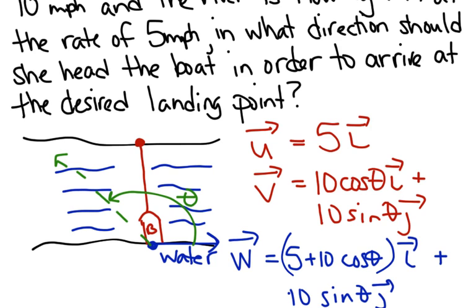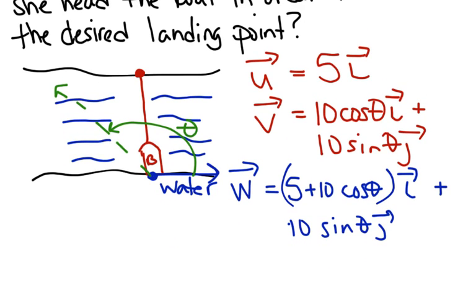All right, now here's the deal. When she goes at this angle, it appears as if she's going straight, in the j direction. If she's going in the j direction, then the i component would be equal to 0.